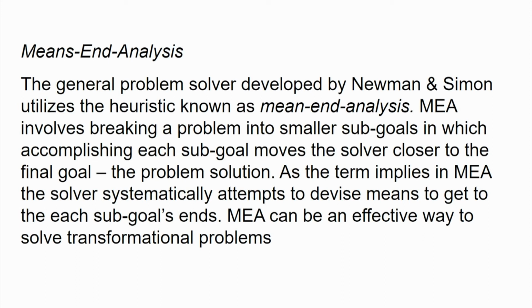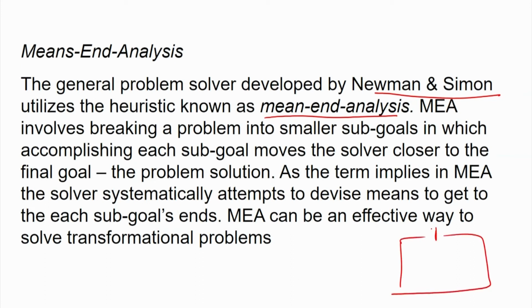A third way of solving a problem is by using means ends analysis. Now, what is means ends analysis? The General Problem Solver, which was developed by Newell and Simon, utilizes a heuristic known as means ends analysis. Now, what is MEA? It involves breaking a problem.